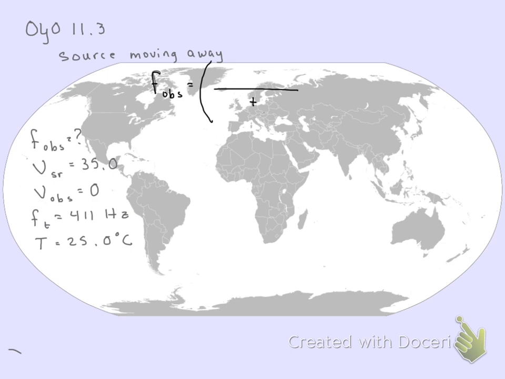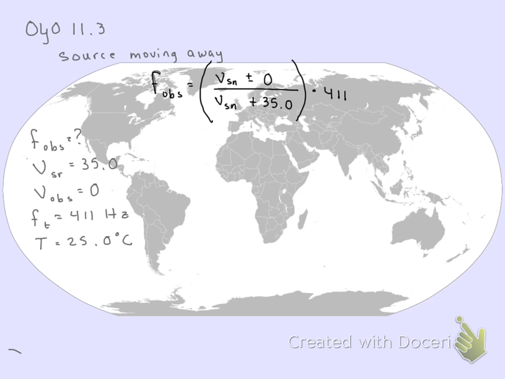The source is moving away, a plus in the denominator. Okay? So the velocity of sound, plus or minus the velocity of the observer, which we know is 0. So let's just write that in. Okay, we already know what that is. And the velocity of sound, again, goes right here. And the velocity of the source is 35.0, given the true frequency is 411.